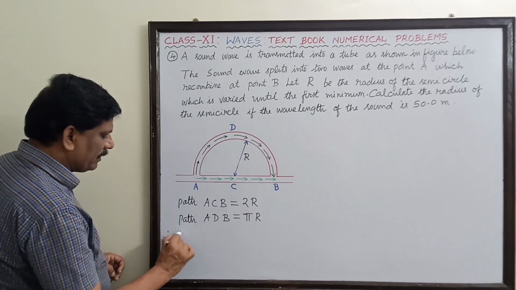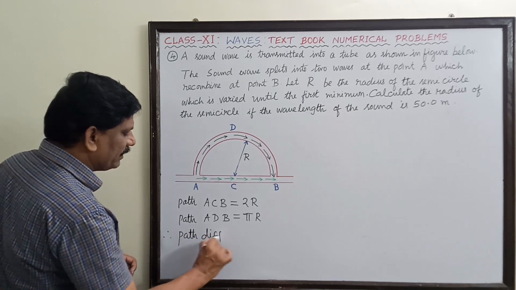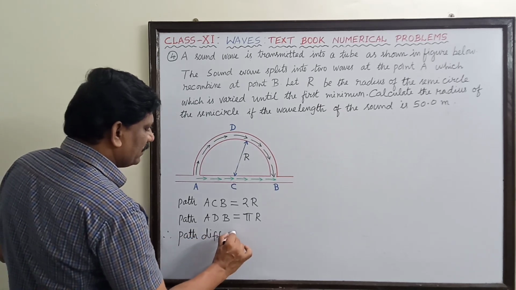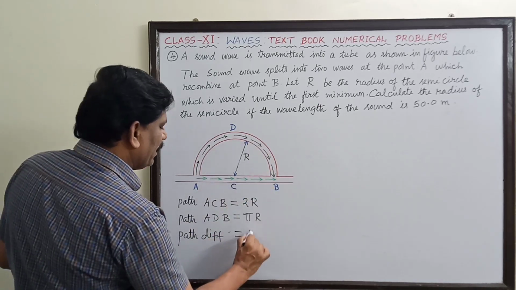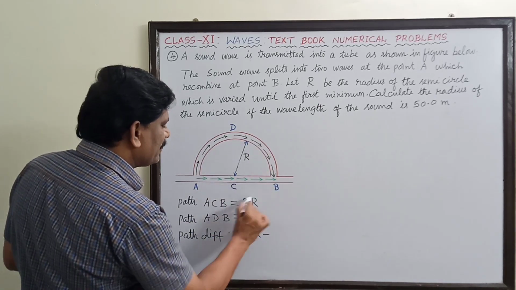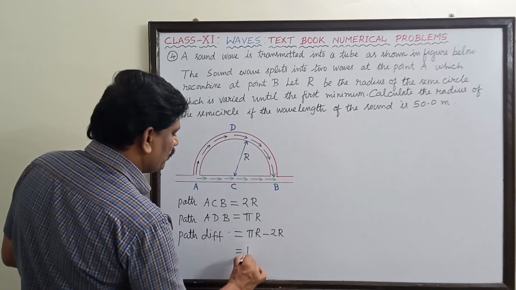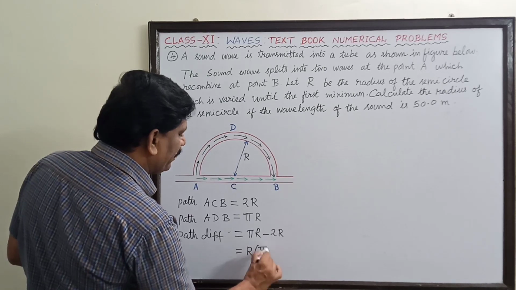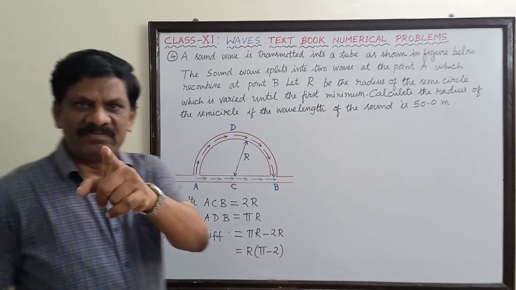Therefore, the path difference is equal to the semicircular path pi r minus 2r. So this is equal to r into (pi minus 2). This is the path difference.